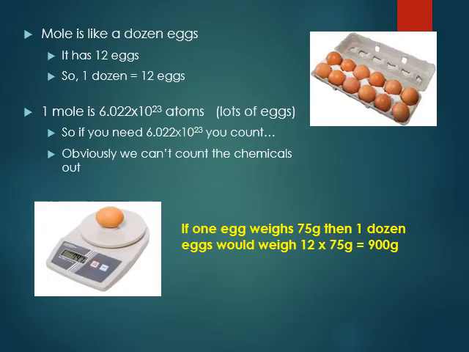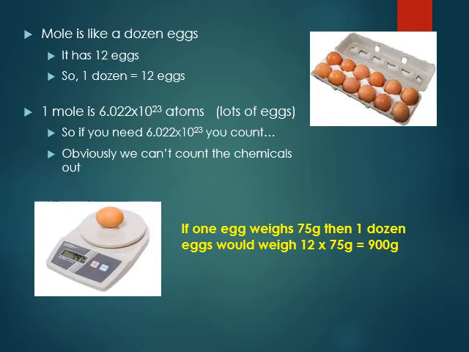And the best analogy I can come up with is a dozen eggs. So, for example, if I said we have 1 dozen eggs, you would know exactly how many eggs I was talking about. You would say, oh, that's 12 eggs. It's really no different. When I say 1 mole, it means that I have 6 times 10 to the 23 atoms of a particular atom in my hand or in my cup.